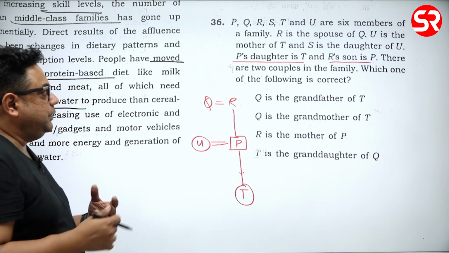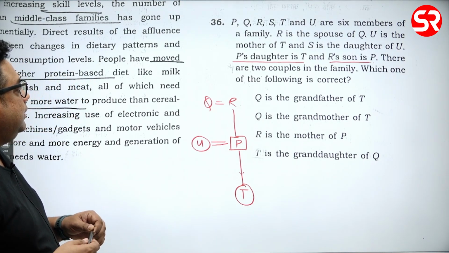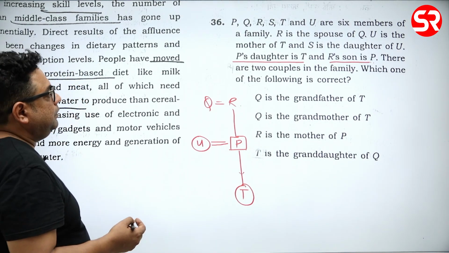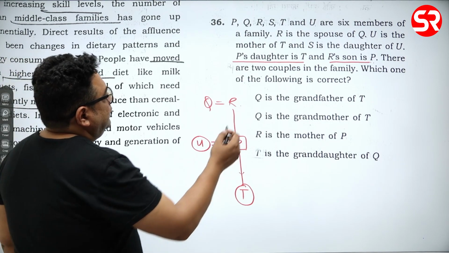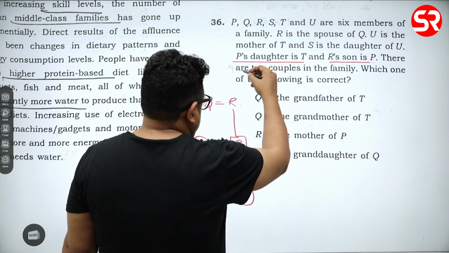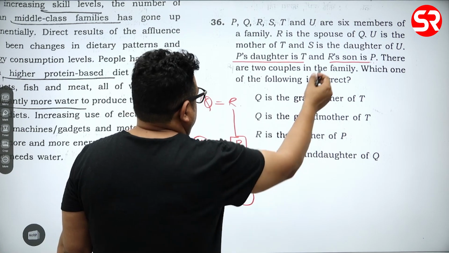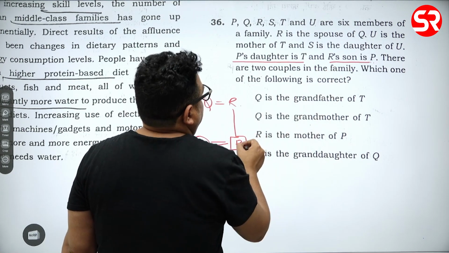U is mother to T, and P's daughter is T. Done. R's son is P. Done.